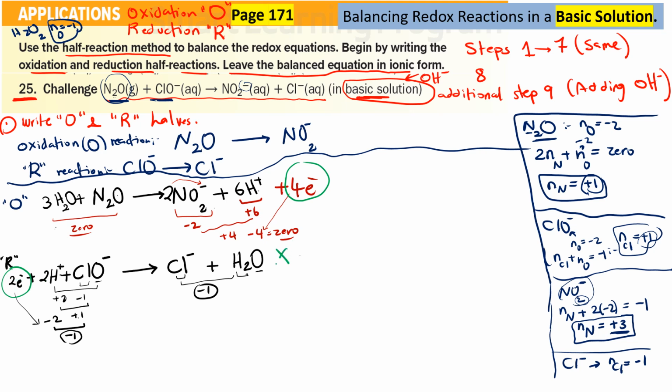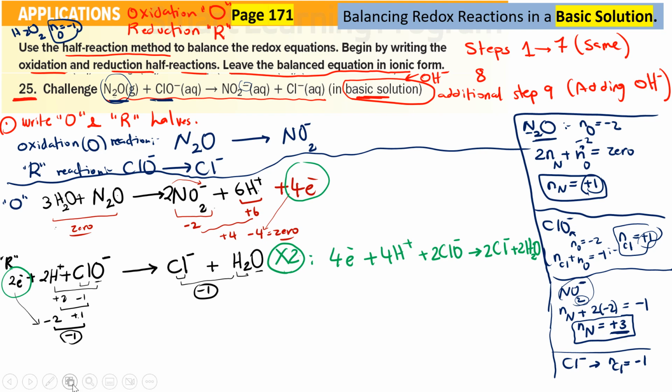So if I multiply this equation by 2, what I'm going to get is the following. 4e plus 4H plus 2ClO minus gives me 2Cl minus plus 2H2O. Right? So you multiply everything by 2. And there you have it.